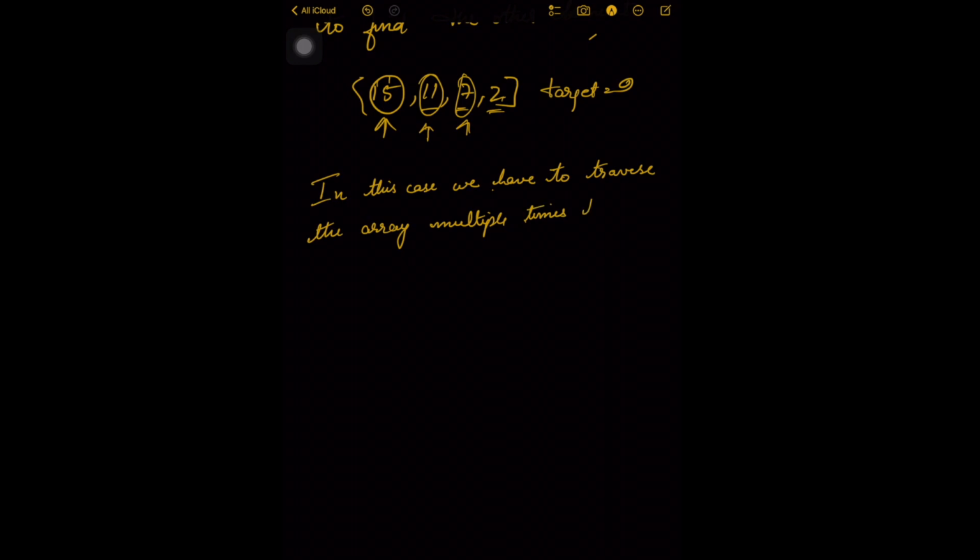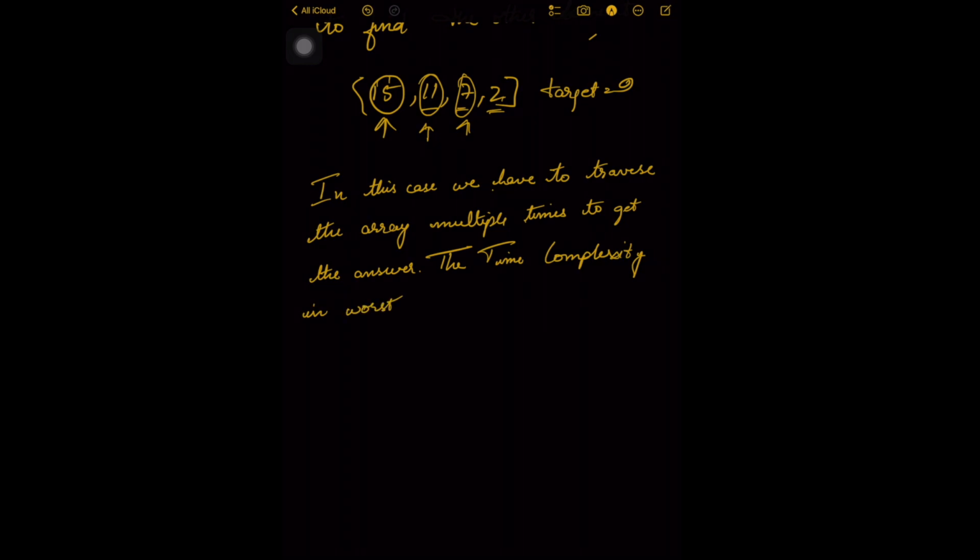This is why the time complexity in this case is O(n square). In the worst case, that is when the required target are the last two elements in the nums array, our time complexity goes up to O(n square) because we are iterating over n elements n times.